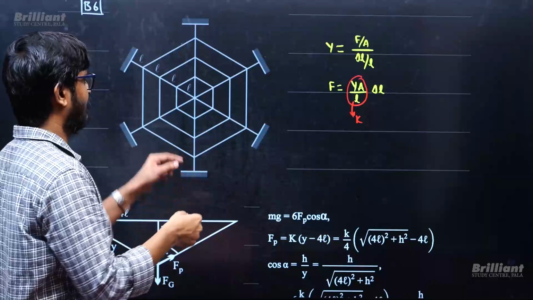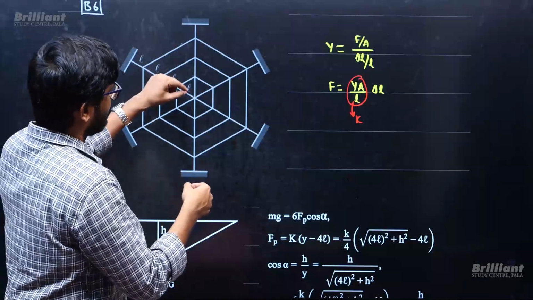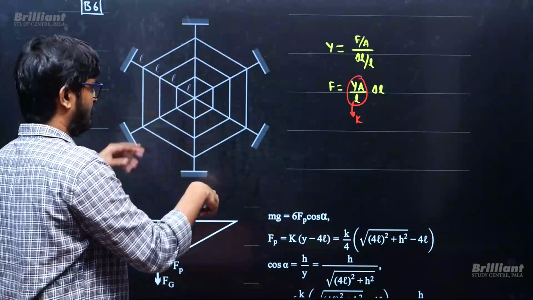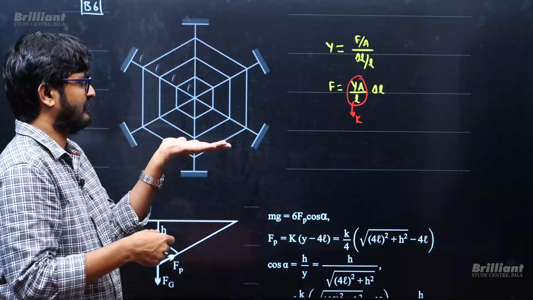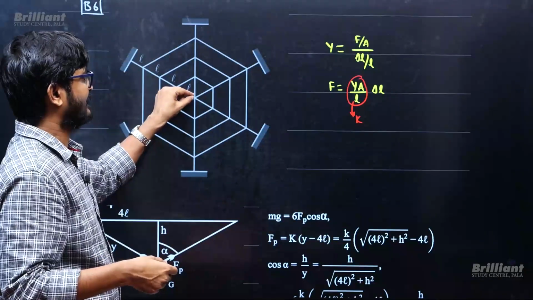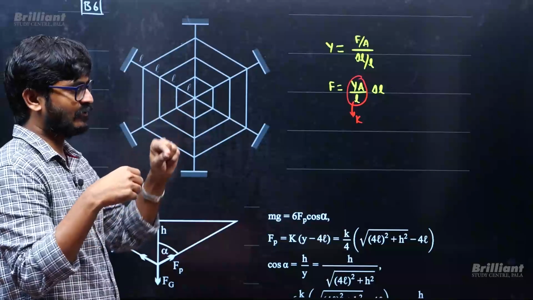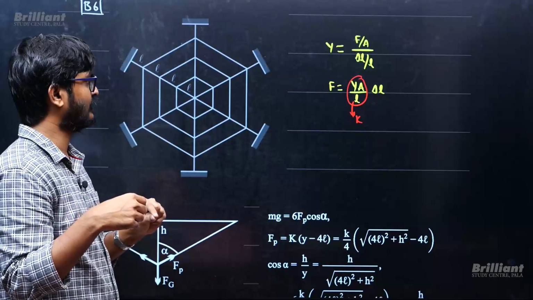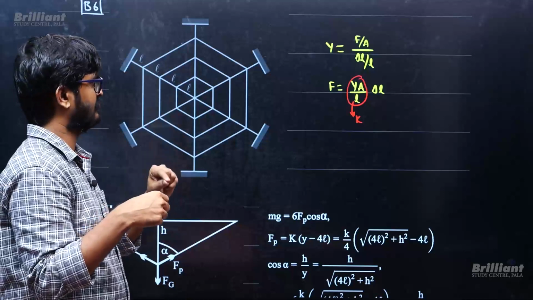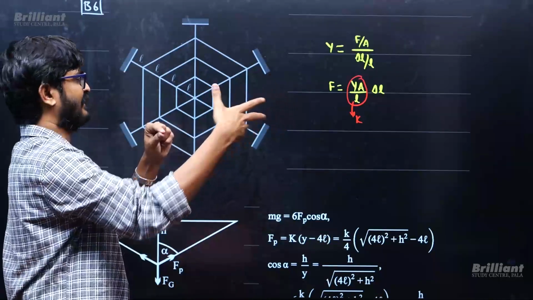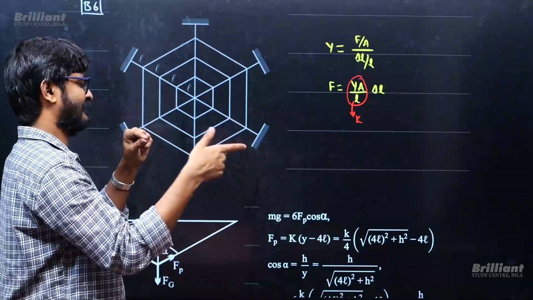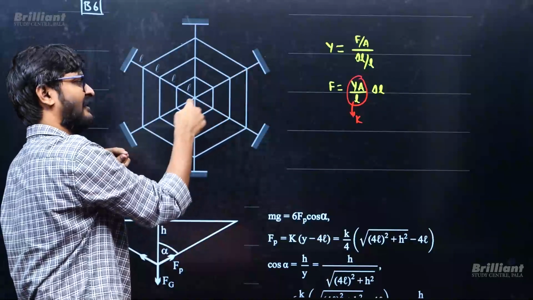Now what is going to happen? This point is here initially, so when the spider goes here, it is going to go down by distance h. You can concentrate on only this thing.